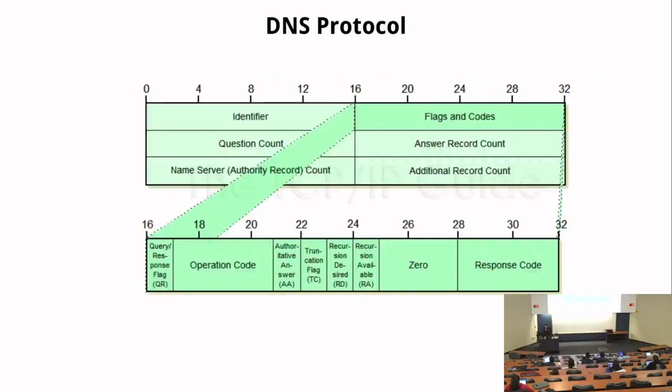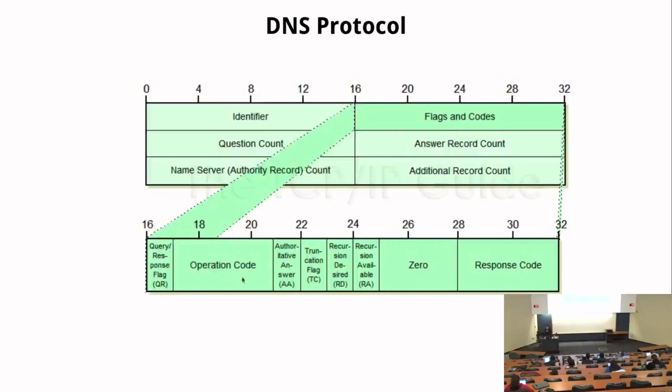So this is what a DNS header looks like. We have a 2 byte identifier, 2 byte flags and codes, question count, answer record count, name server count, additional record number, something like that. Then the flags look like this.